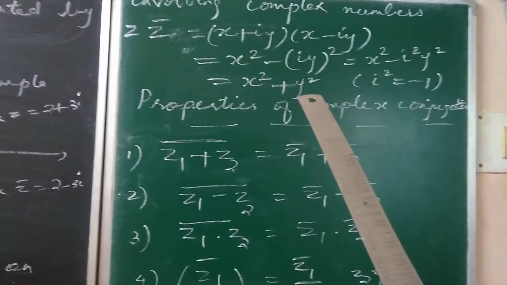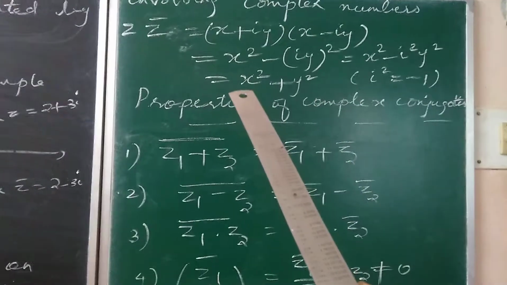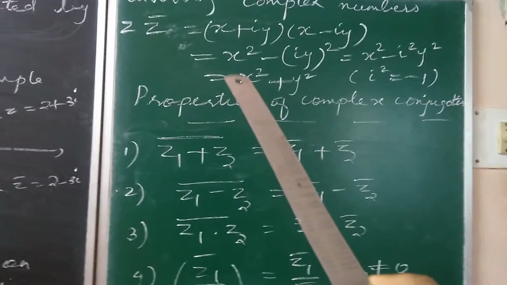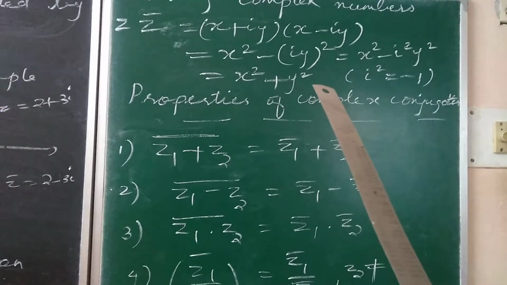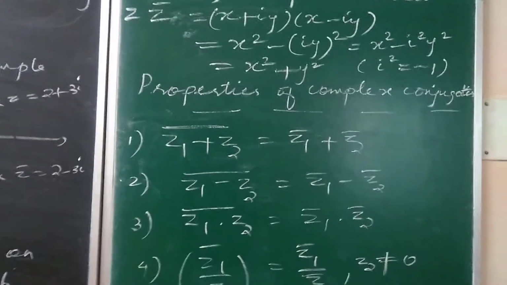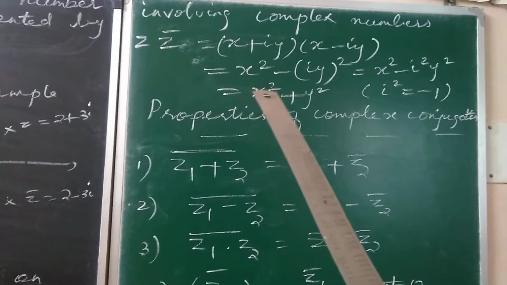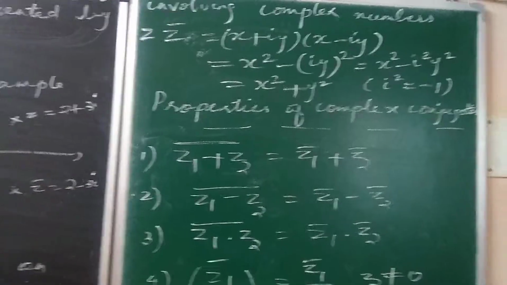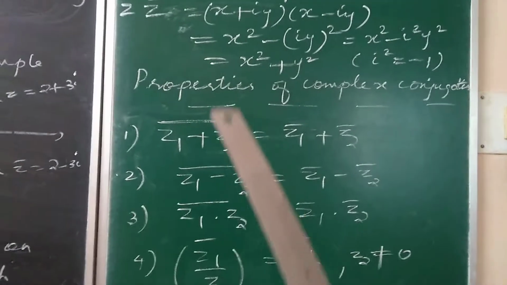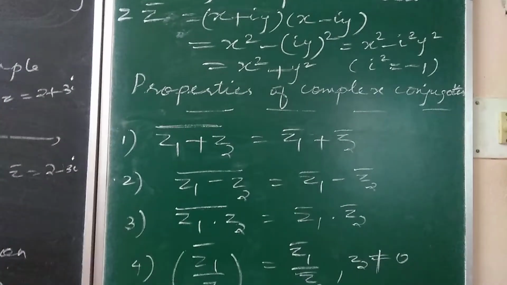So you can rest assured that this will be a positive real number. Why? Because both x and y are real, so their squares will be automatically positive. So their sum will be a positive real number. That is why we say that conjugate is very important in the process of division, because it will make your denominator a positive real number.